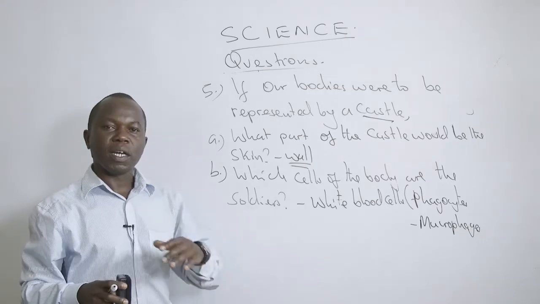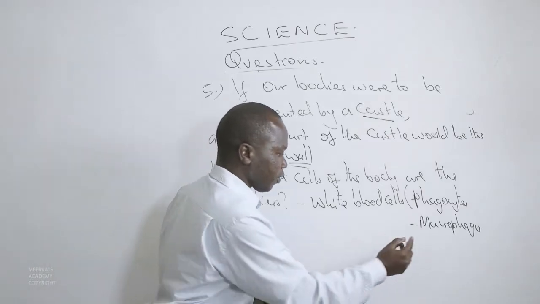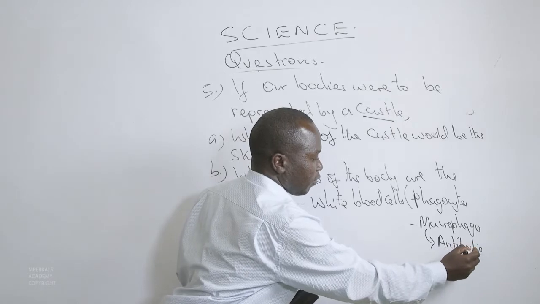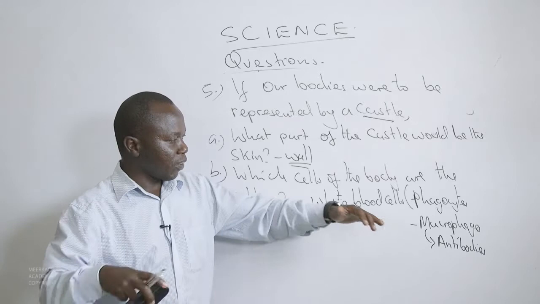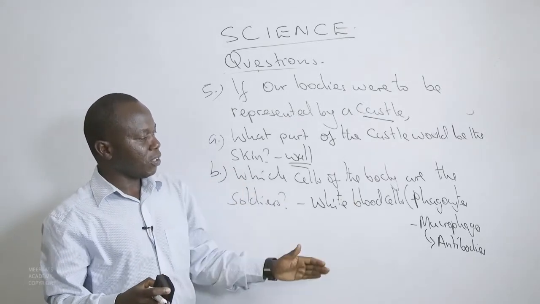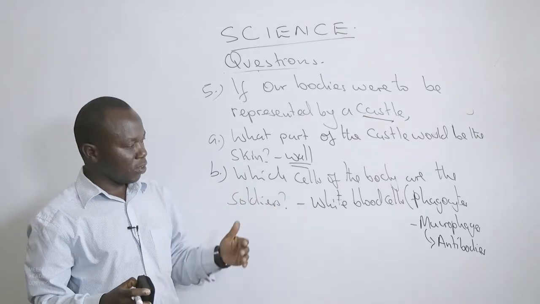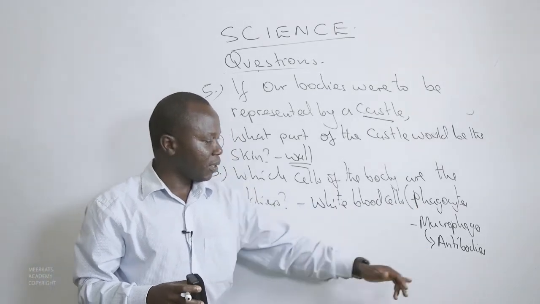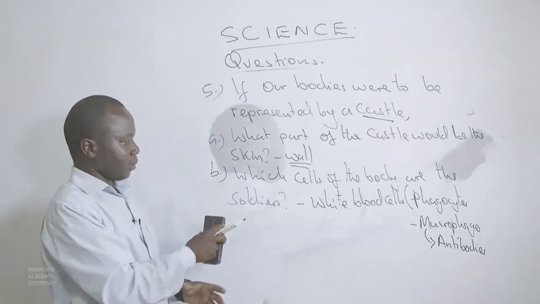Maybe those soldiers with different kinds of techniques, like the Air Force, the macrophages, they produce the antibodies, which is the final onslaught on the pathogen. So phagocytes will engulf. If the pathogens are so strong that they cannot be destroyed by the phagocytes, the macrophages will now come in to produce antibodies.